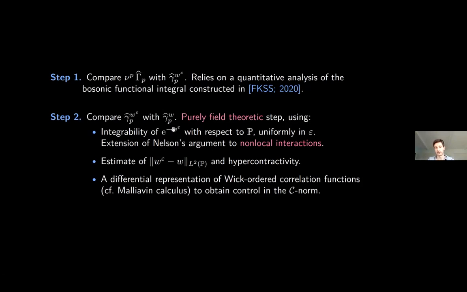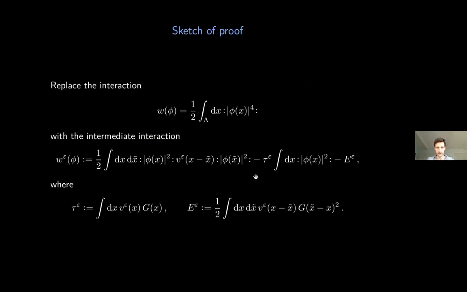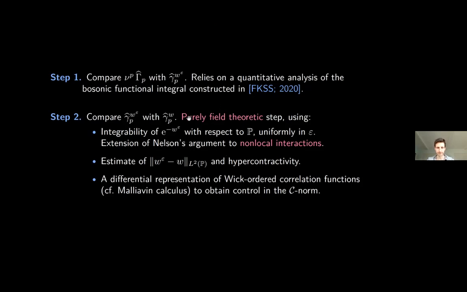This can be done basically by extending Nelson's original arguments to non-local interactions. Doing it for this interaction is a bit more annoying and trickier than for the original Nelson interaction, but it can be done.